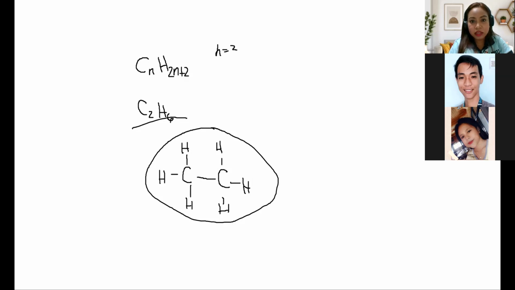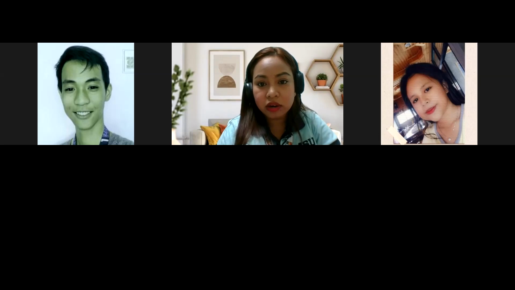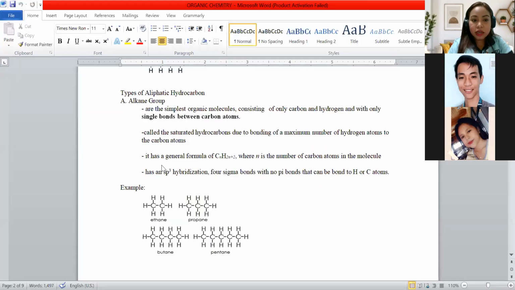Let's go back to our handouts. This is the general formula. It is sp3 hybridization, 4 sigma bonds with no pi bond, that can bond to hydrogen.